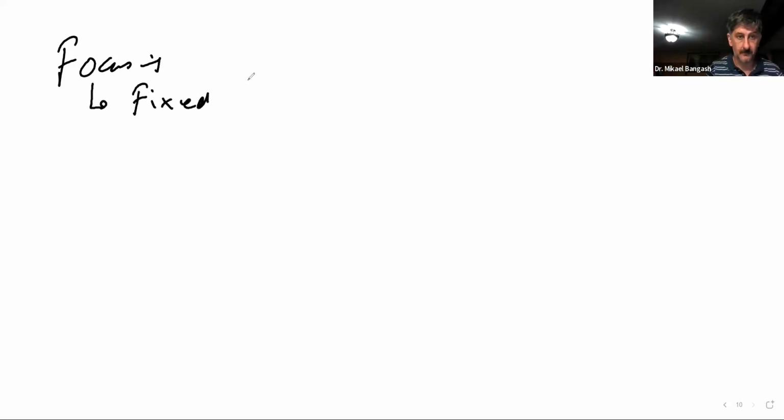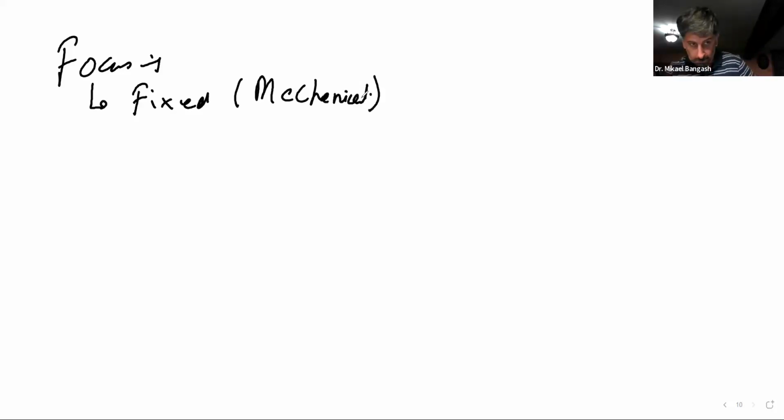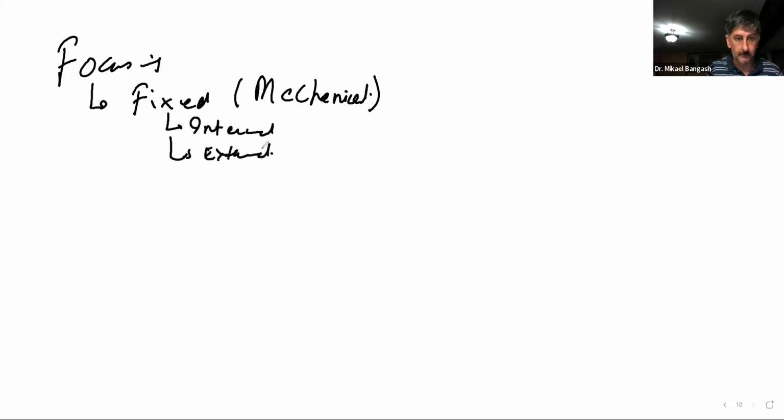One was fixed, and since it is fixed, it's going to be mechanical. Clear? And in the fixed or mechanical, we had ideas of what we call internal and/or external.